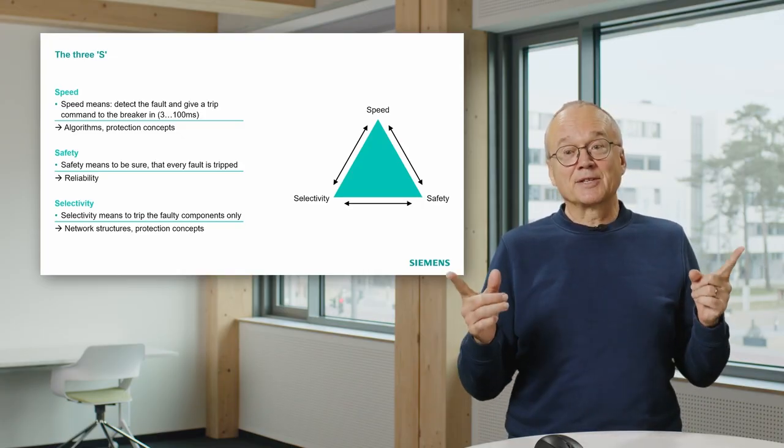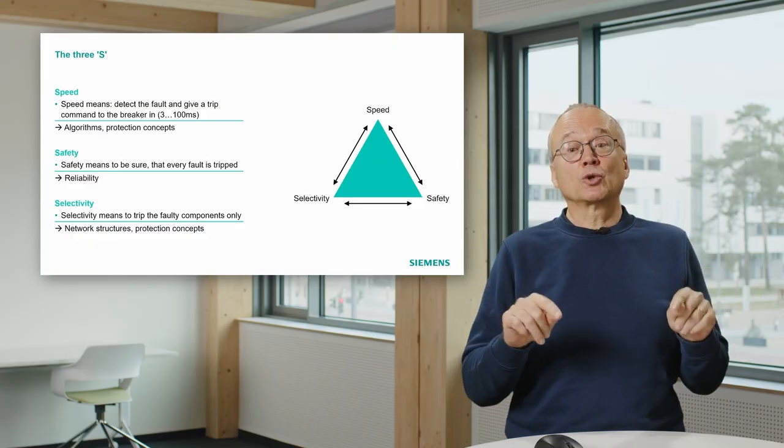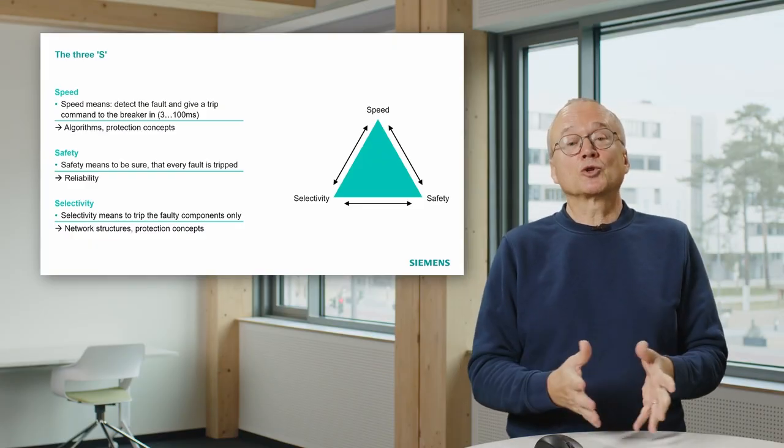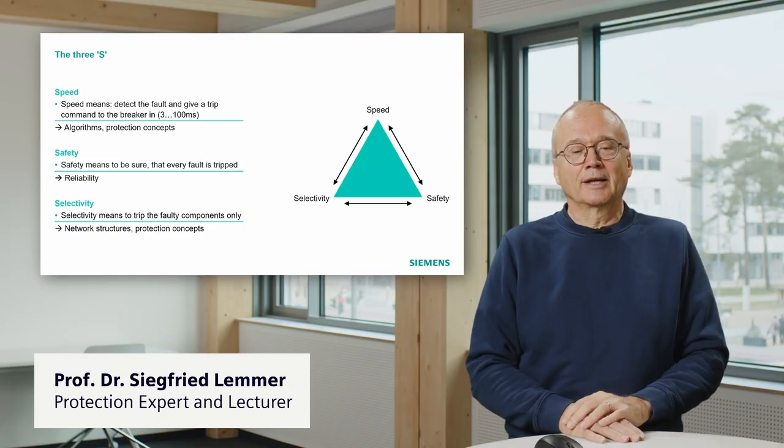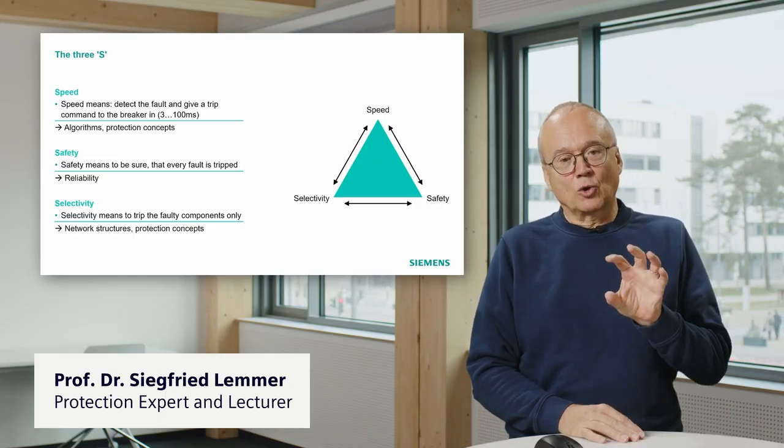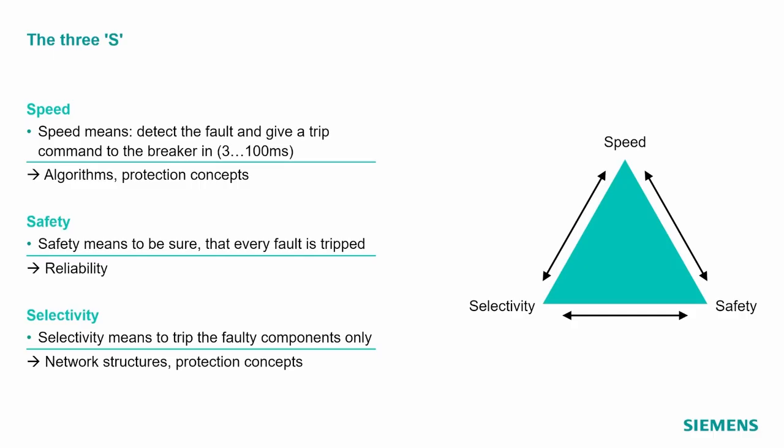The other ones see the fault, but they should not trip, because we don't want to trip 5 lines if there's a short circuit on one line. And this thing is called selectivity, that only the faulty component is disconnected from the rest.